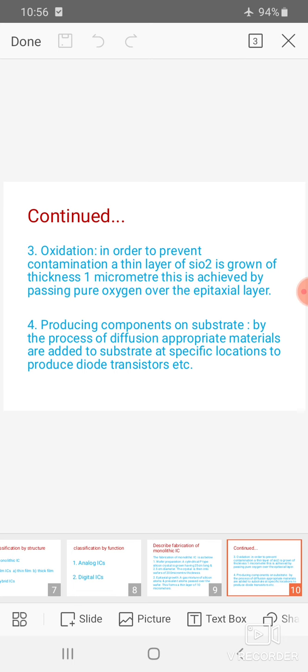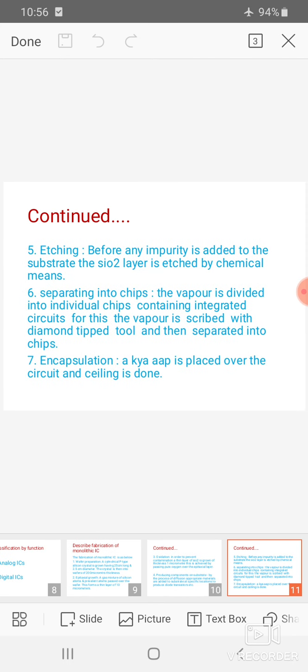Then next is producing components on the substrate. By the process of diffusion, appropriate materials are added to the substrate at specific locations to produce diodes, transistors, resistors, and different types of semiconductor devices on the wafer. The next step is etching, that is, the unwanted material is removed by a chemical process.